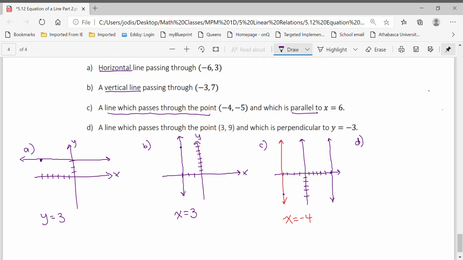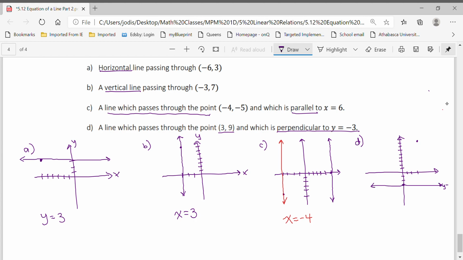And my last one here, we want a line that passes through 3, 9 and is perpendicular to y equals negative 3. Okay, so let's do my point first. So 3, 9: 1, 2, 3, and 1, 2, 3, 4, 5, 6, 7, 8, 9. So there's my dot. And it's perpendicular to y equals negative 3, which is a horizontal line.